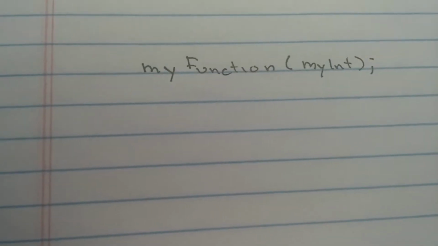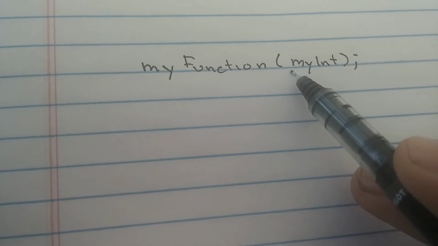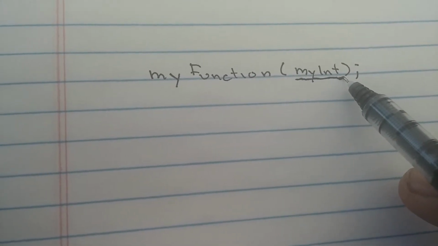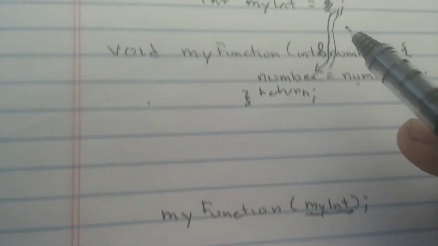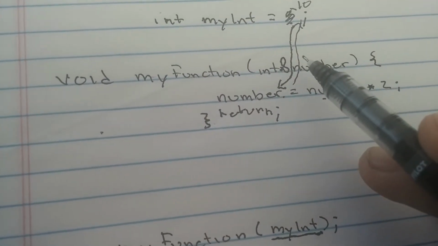Last but not least, I just wanted to clarify a little something that hopefully you already know, but this right here, the variable name, does not need to match the name as it's declared in the function.